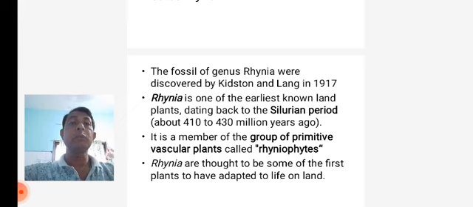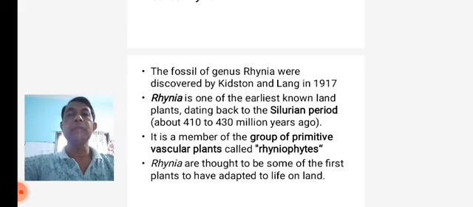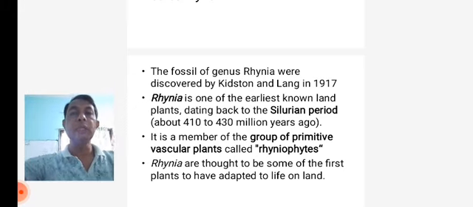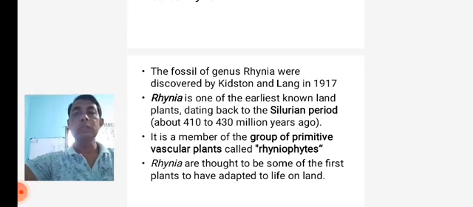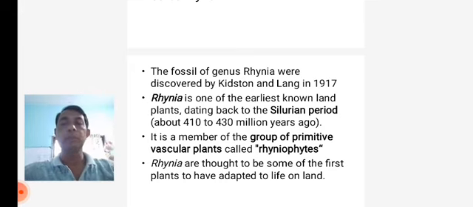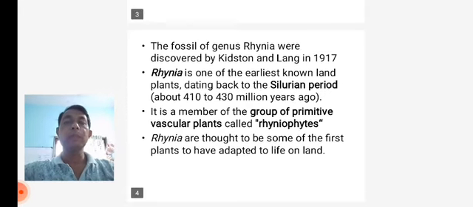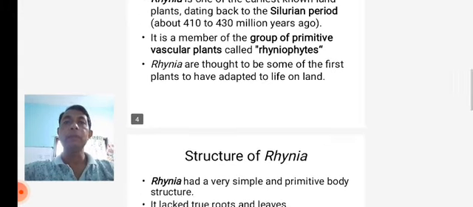It is a member of a group of primitive vascular plants called Rhyniophytes. Rhynia is thought to be among the first plants to have adapted to life on land. That's why it is known as the link between the algae and the vascular plants, and it plays an important role in the study of the development of algae into true vascular plants.